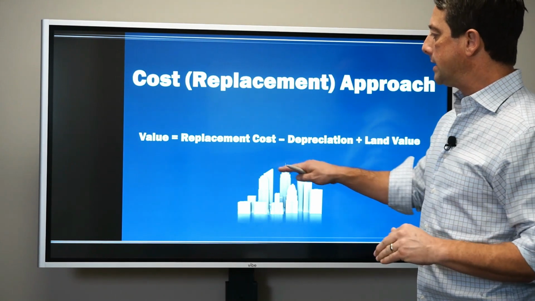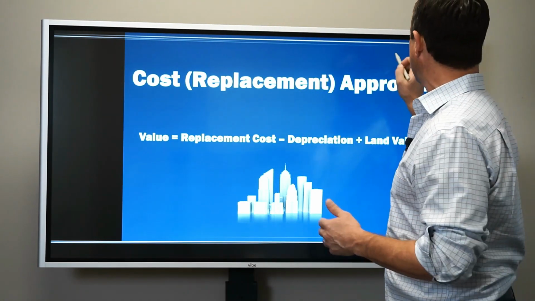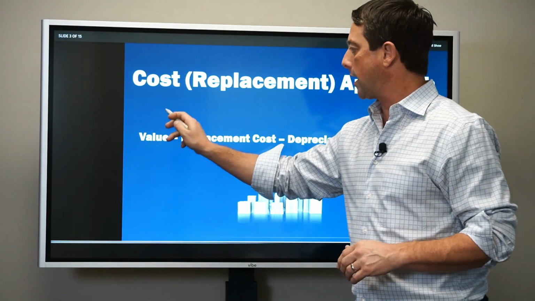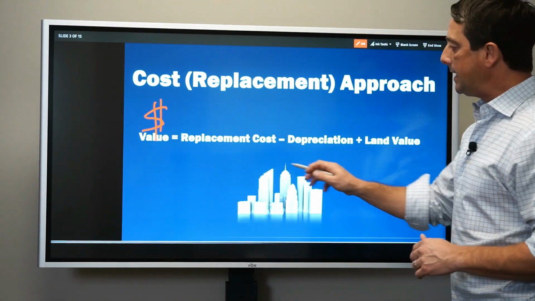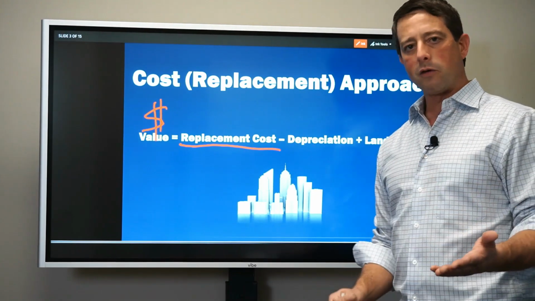So my point is, if the price of an asset exceeds its replacement cost, it may not be worth buying.